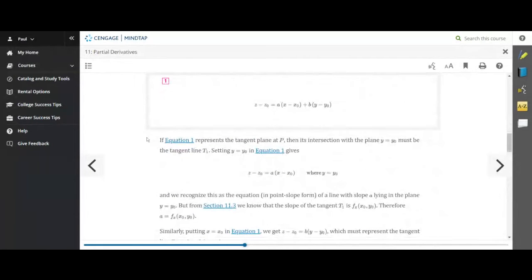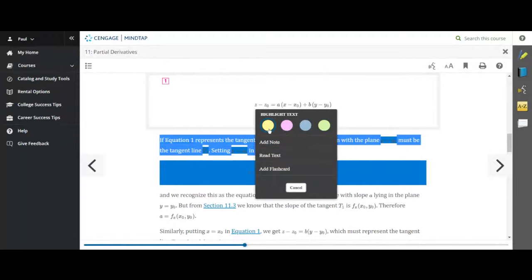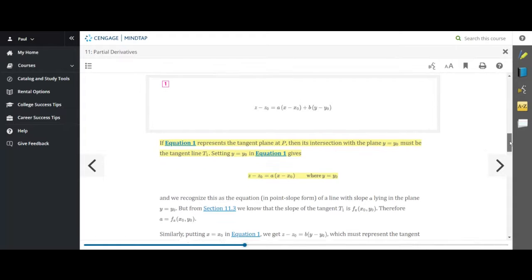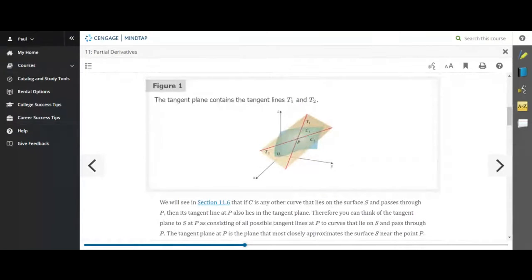So what they do is they say, okay, the intersection of the tangent plane, I'm going to say this the right way. If we go back to the picture, here's that tangent plane, and the intersection of the tangent plane with the, I'm not saying this the right way. Sorry.